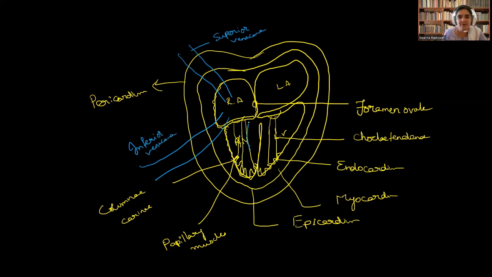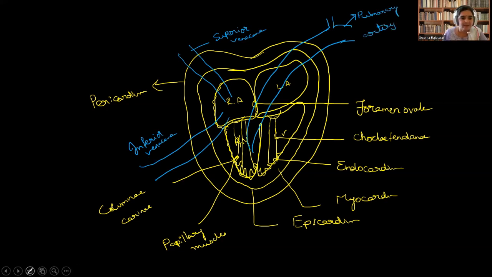And from here we know our pulmonary artery arises, which carries the blood to the lungs for purification. So write it as pulmonary artery. Now we will draw pulmonary veins. There are 4 pulmonary veins which carry the pure blood. Write them as pulmonary veins.